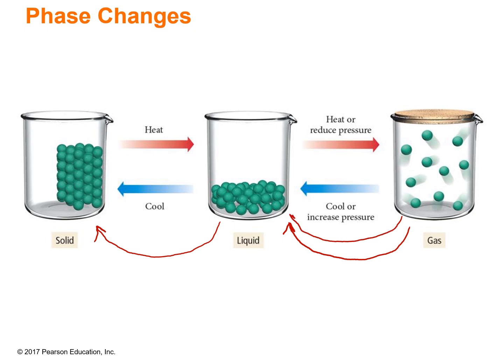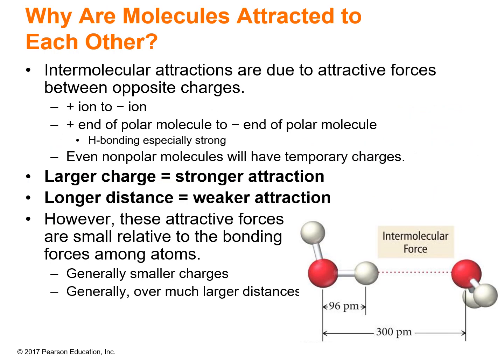By increasing the pressure, we can also form a liquid. If we reduce the pressure on a liquid, we can give those molecules more room to move and therefore become a gas.